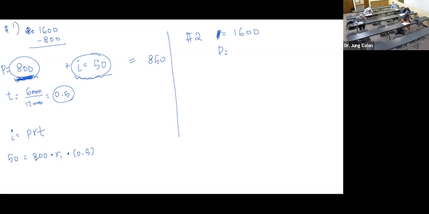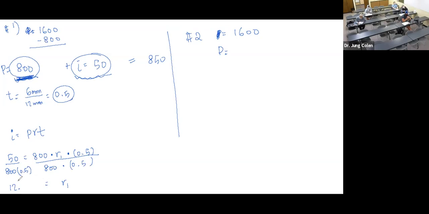Okay, now we can divide both sides by 800. Then divide both sides again by 0.5. Remember, this is dividing, okay? What do we get in R1? Anybody? 12.5%. 12.5?